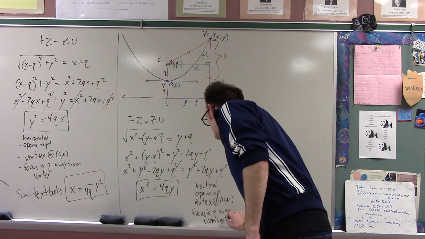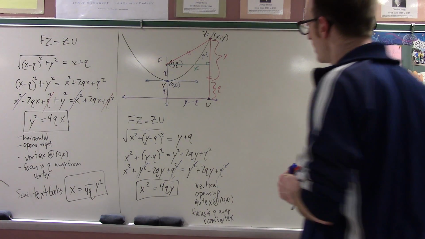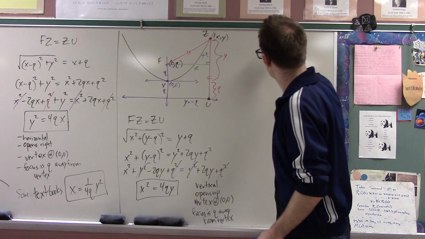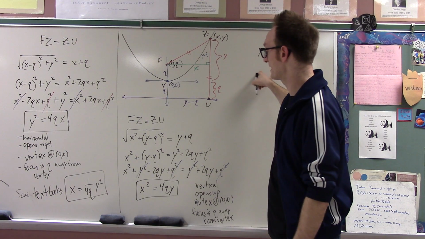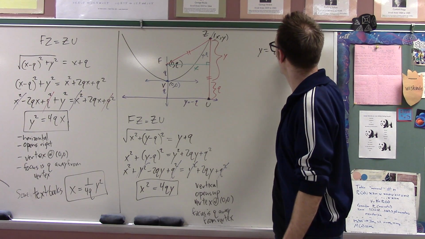If all of these four things are true, then this is the correct equation. And you can also write this as y equals 1 over 4q x squared.